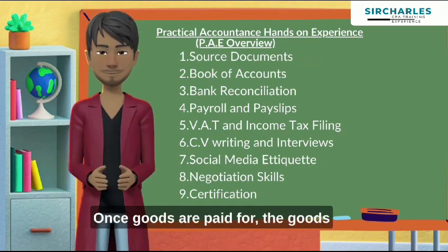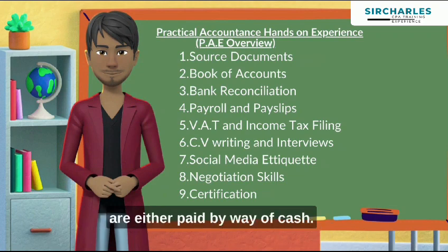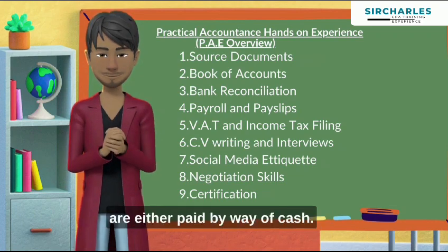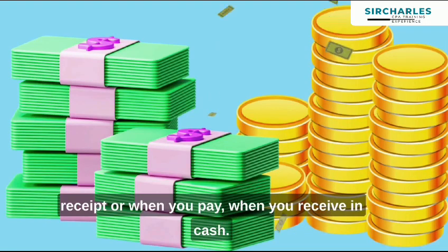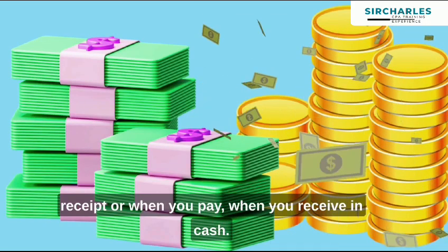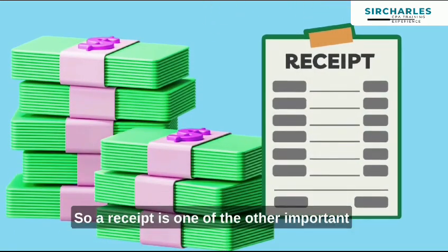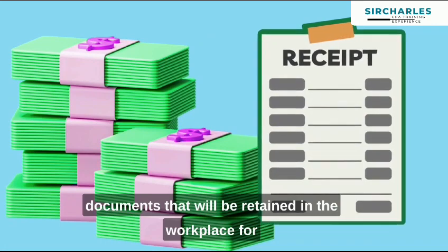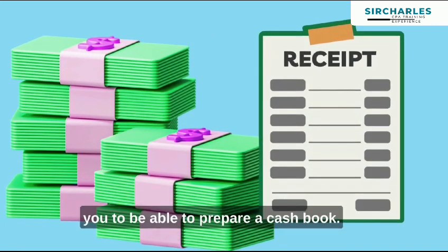Once goods are paid for, the payment is either made by way of cash. In this case, when you pay in cash, you issue a receipt, or when you receive cash, you also issue a receipt. So a receipt is one of the other important documents that will be retained in the workplace for you to be able to prepare a cash flow.